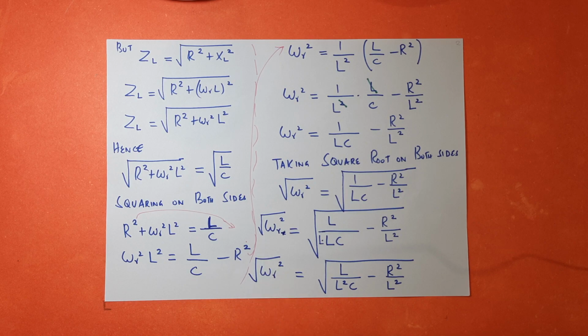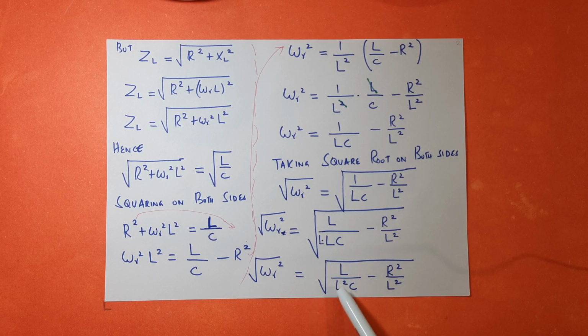Just multiply and divide by L. So L divided by L square C minus R square divided by L square.